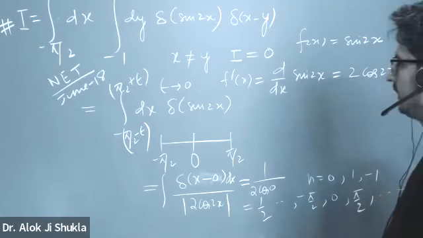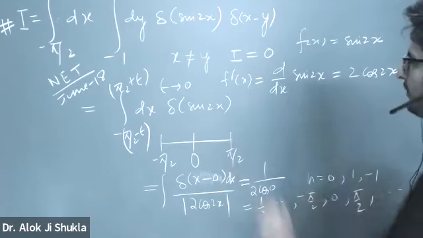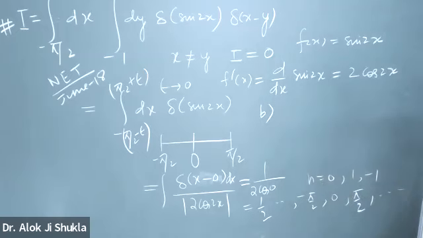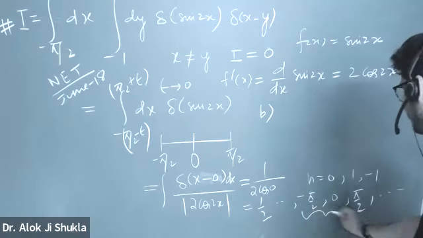So let's move ahead. Tell me, what will happen in part B? Can anybody suggest? Sir, we will include n equal to 1 and -1. Include, very good. So these will be the roots.